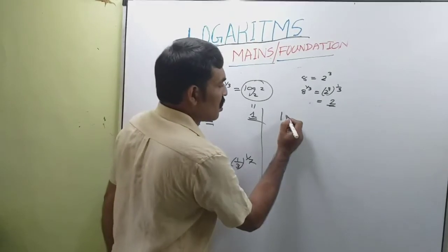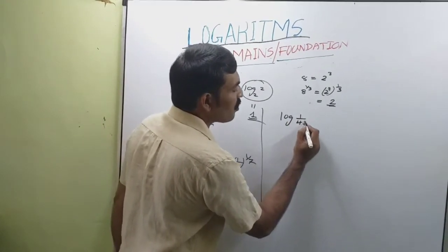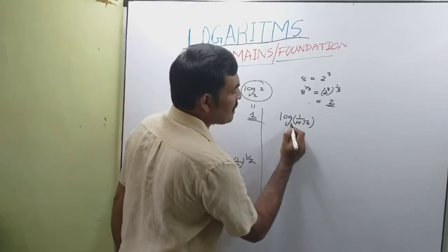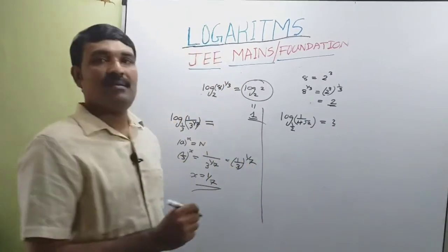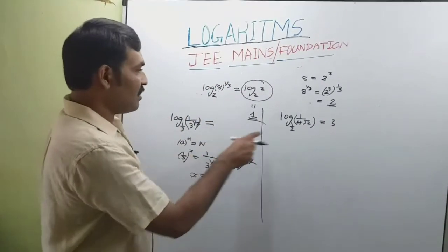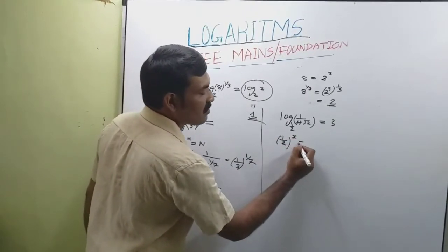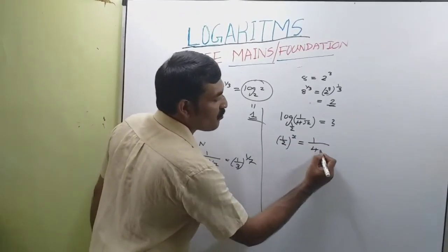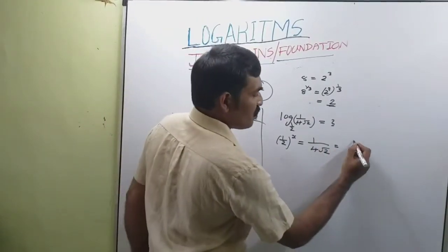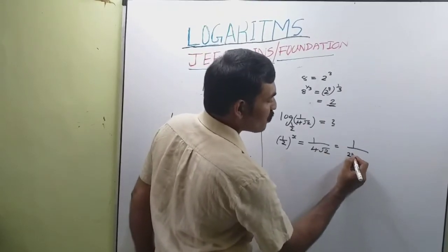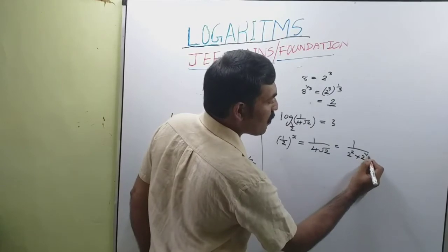Now log of 1 by 4 root 2 to the base 1 by 2 is equal to the question. Now we can write base is 1 by 2, so 1 by 2 raised to x is equal to the number that is 1 by 4 root 2. 4 can be written as 2 square, so 2 into 2 into root 2 is 2 raised to 1 by 2.